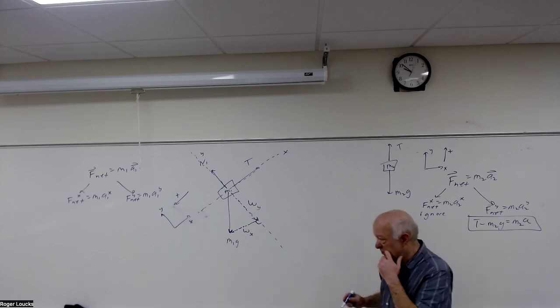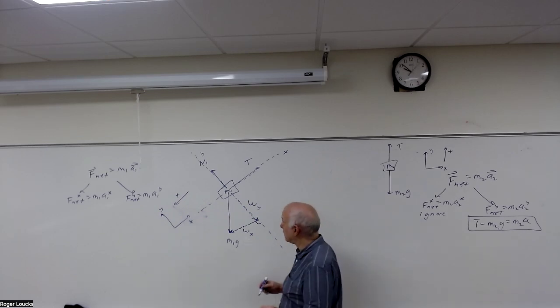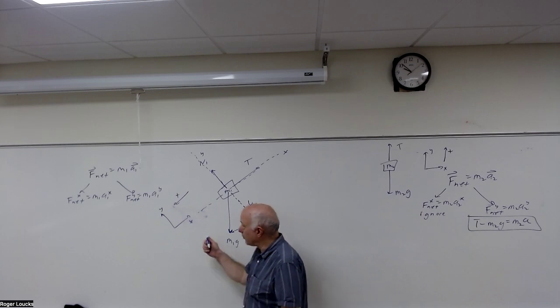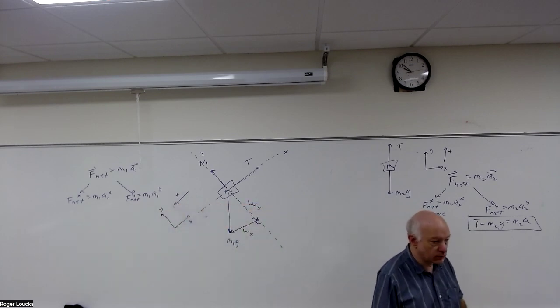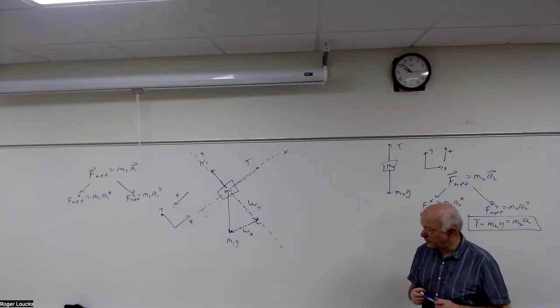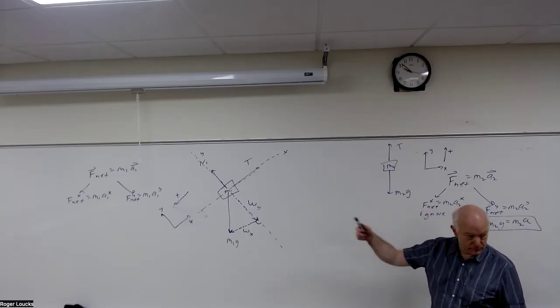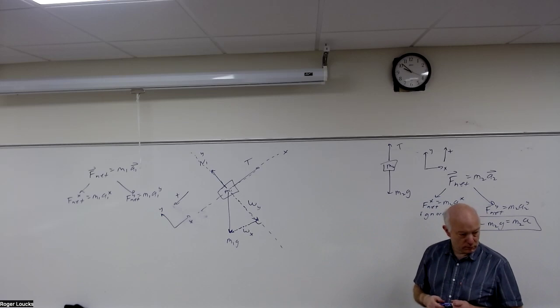Now the question is, okay, so let's write this out. If I come over here, what then are my forces in the X direction? My net force in the X direction, from that free-body diagram. Which way is positive?